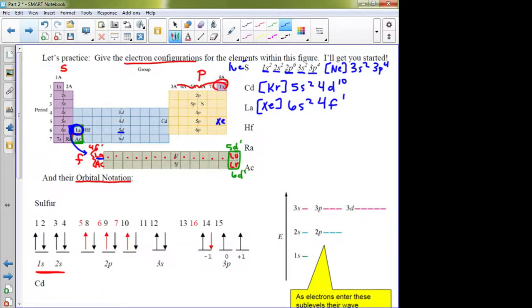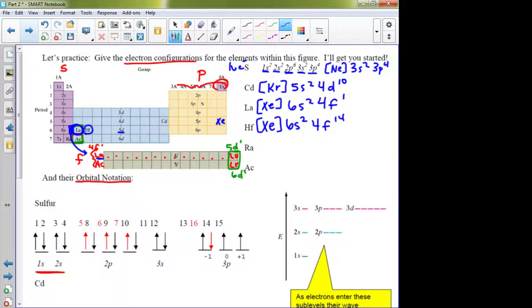So let's try Hf. Which noble gas occurs before Hf? Xe. What happens after Xe? 6s2. What happens after 6s2? 4f14. Excellent.